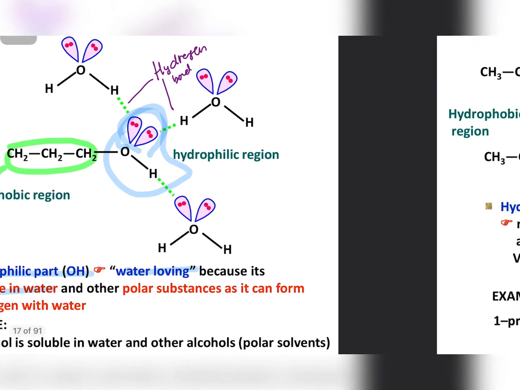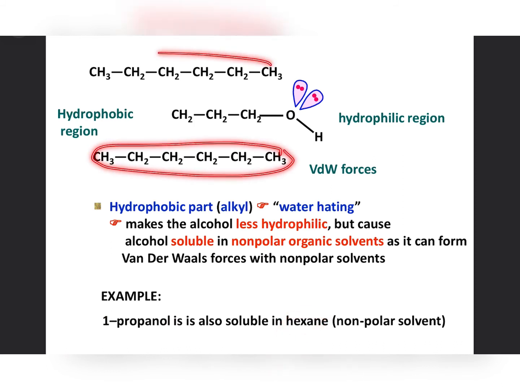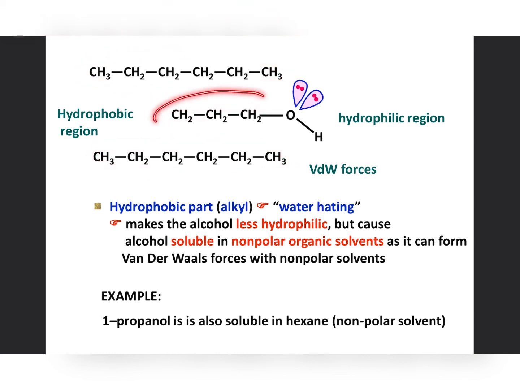And the next one, let's say kita ada 1-propanol and hexane. Okay, so hexane ni organic solvent lah. So this is hexane and this is your 1-propanol. So hydrophobic region is your alkyl group here, and hydrophilic region adalah yang ada OH. So for this case, kenapa kita cakap dia larut dalam hexane? Sebab apa?